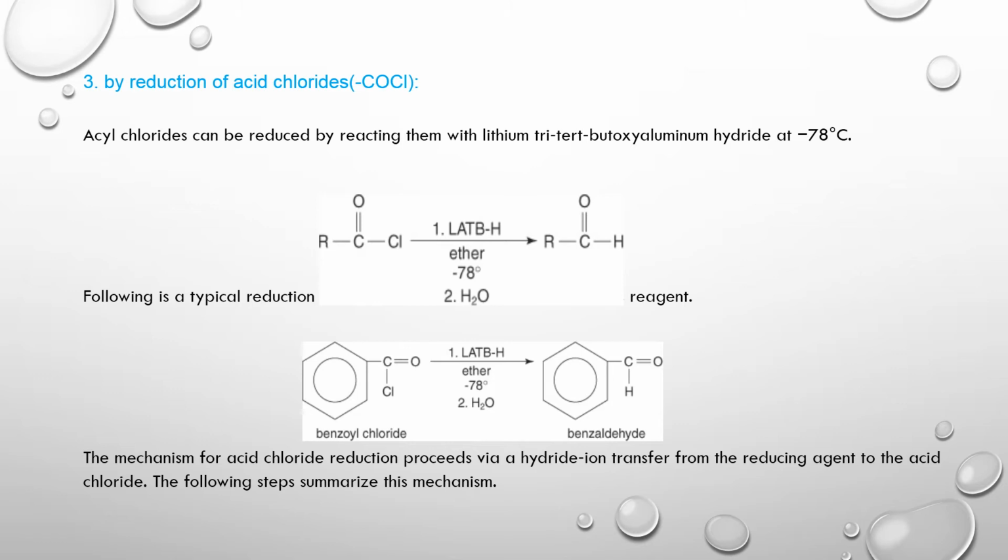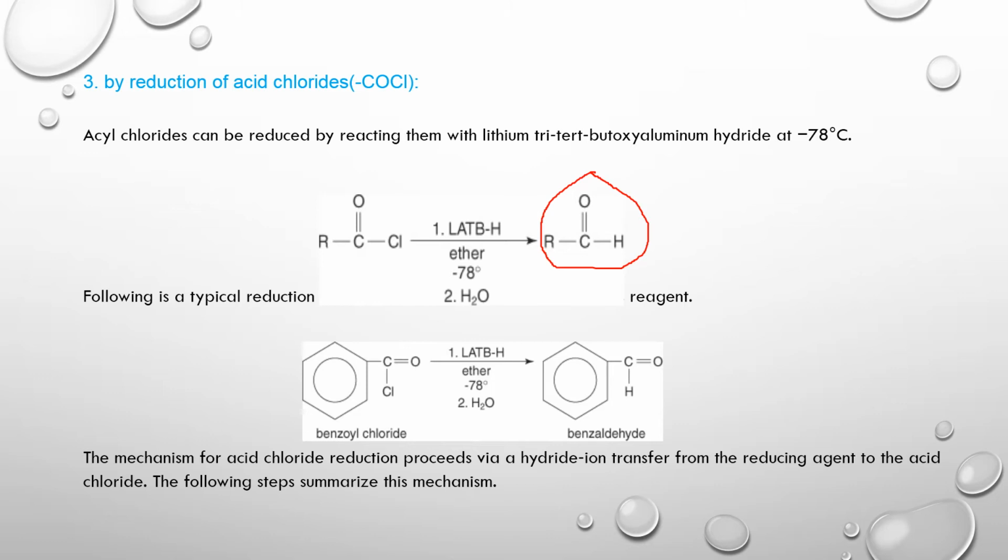So the following is a typical reduction of acyl chloride to aldehyde. The formation takes place in the presence of a reducing agent like lithium tri-tertiary butoxy aluminum hydride at minus 78 degrees centigrade.